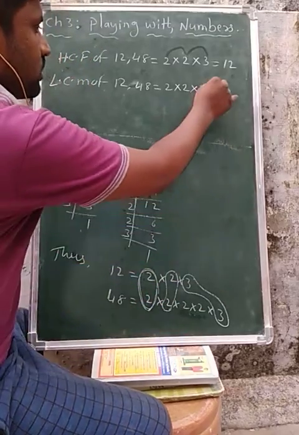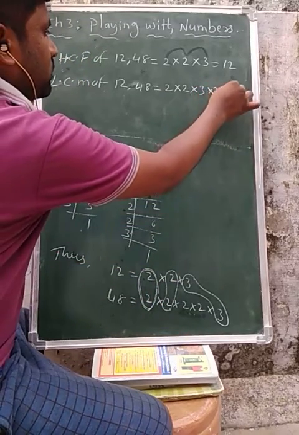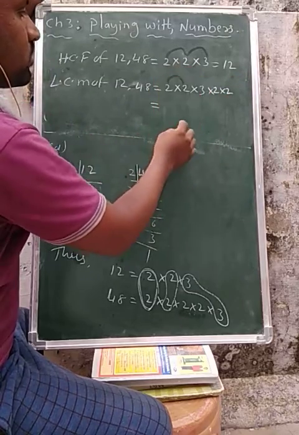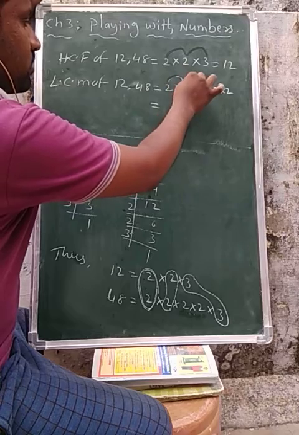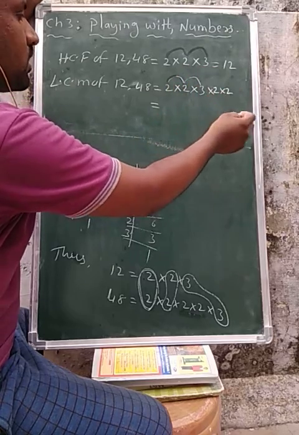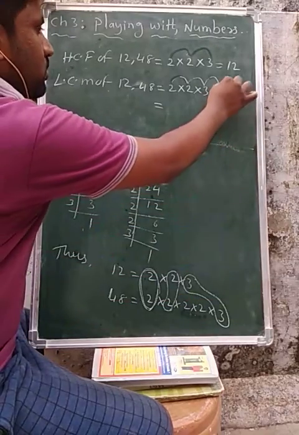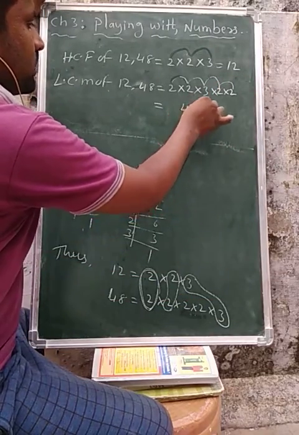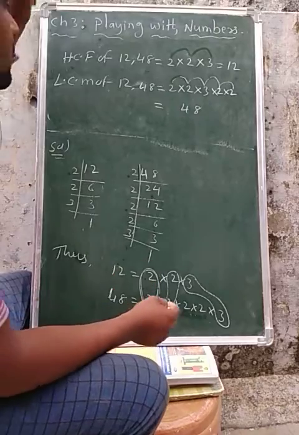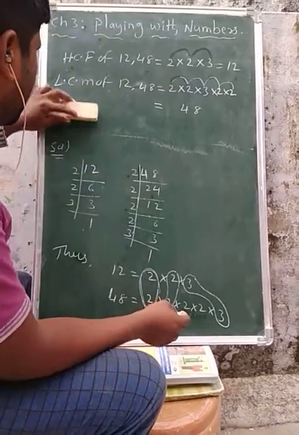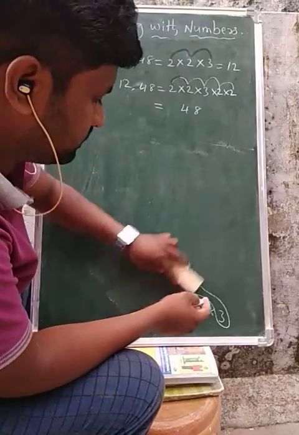Okay, now these 2 also you must include. 2 into 2. Then we get 2 2s are 4, 4 3s are 12, 12 2s are 24, 24 2s are 48. We get the LCM, least common multiple, is 48.